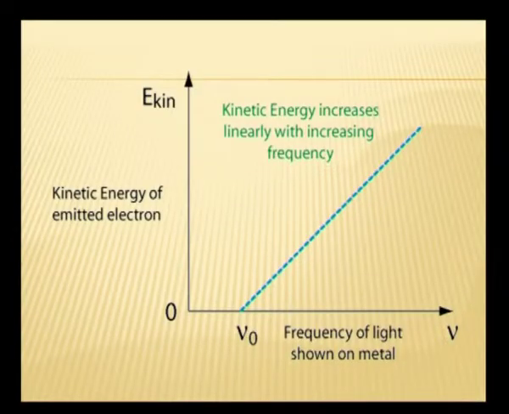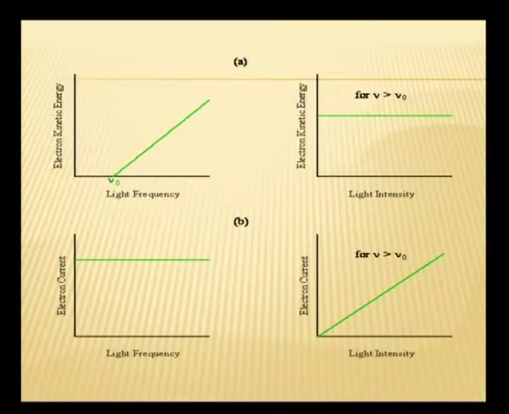Therefore, these observations are enunciated as the so called laws of photoelectric emission. The kinetic energy increases with the increase in frequency. The electron current is proportional to the light intensity, that means if the frequency is kept constant. What is light intensity? It is the strength of light, right.